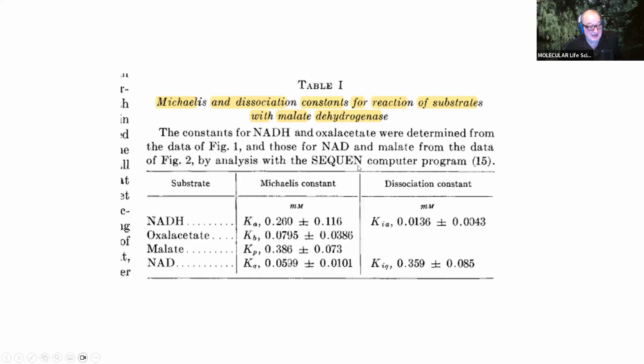And it probably gives rise to the fact that now they put the table of their Michaelis constants and dissociation constants, and you'll see that they've got plus or minus 20 or 30% errors in these constants.